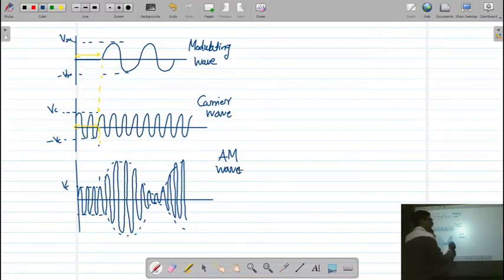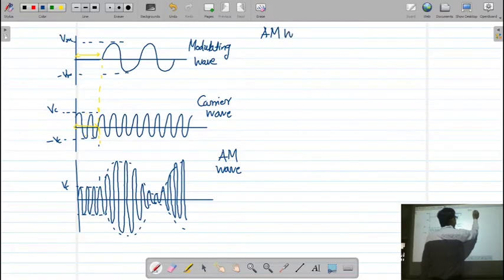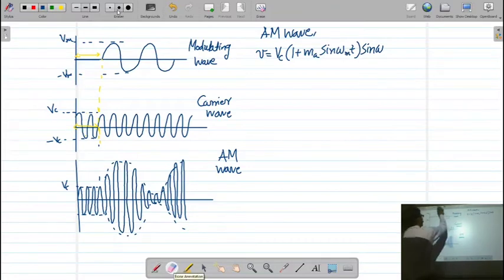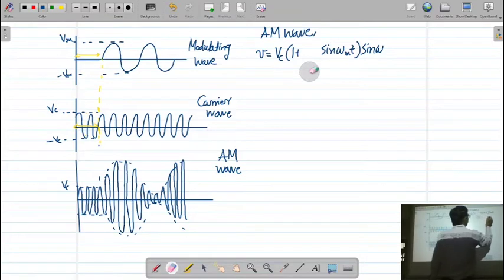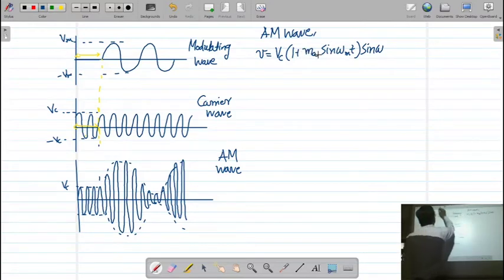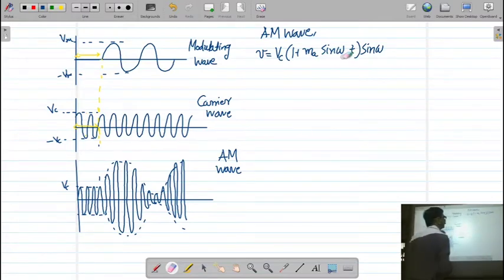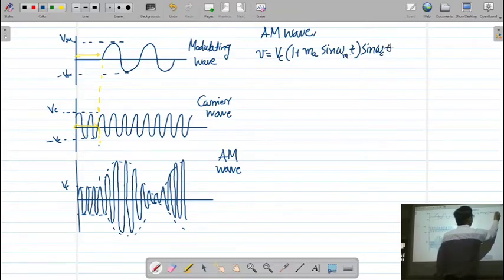Mathematically we can write the AM wave like this: V is equal to Vc into 1 plus Ma sin omega m t, into sin omega c t.